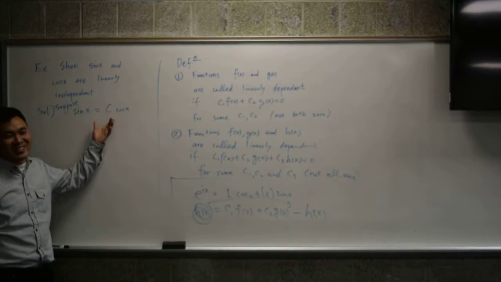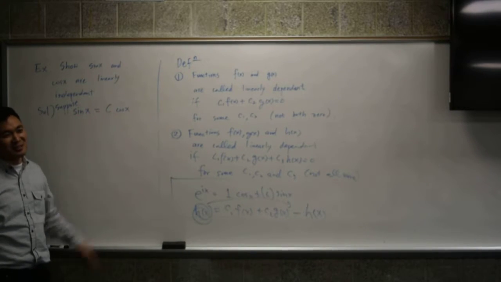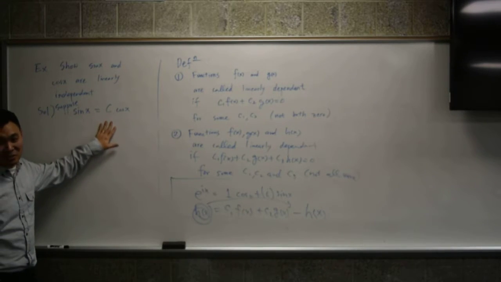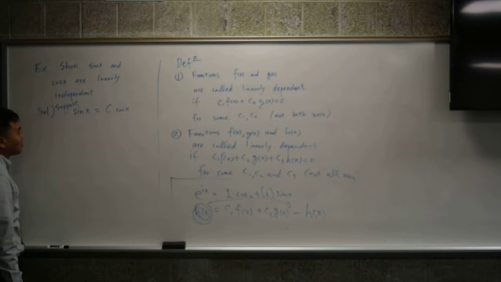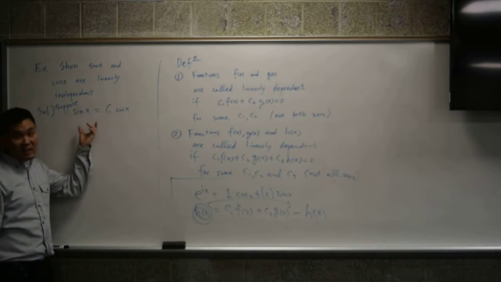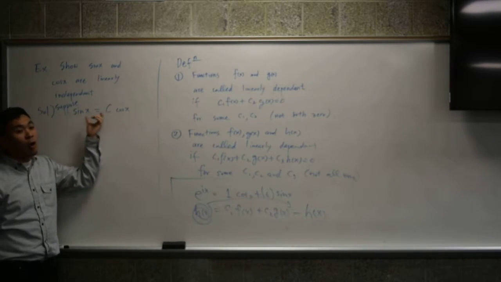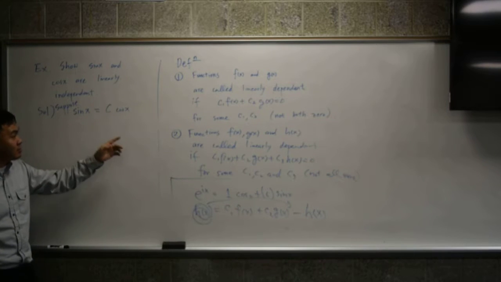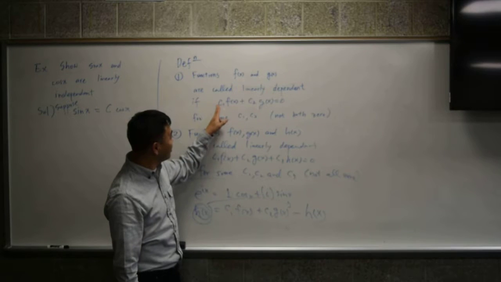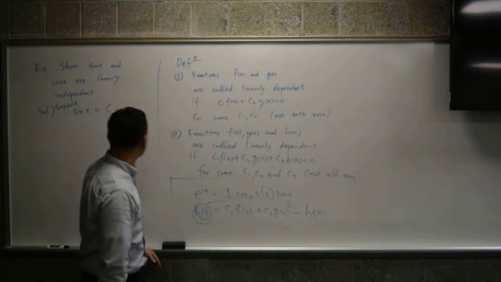Would you believe me if I said that sine x is a multiple of cosine x? Yeah. All right. I almost know that this is not true, but let's try to solve this. Okay? Suppose this is true. And what I'm saying here is I'm talking about an identity for all values of x. When I write these equations, these have to be true for all values of x. It's an equation of functions. Okay. All right.